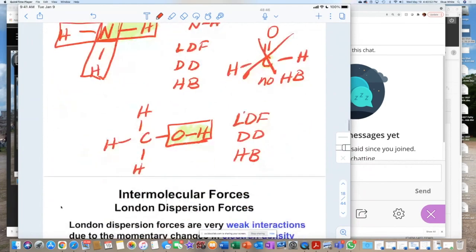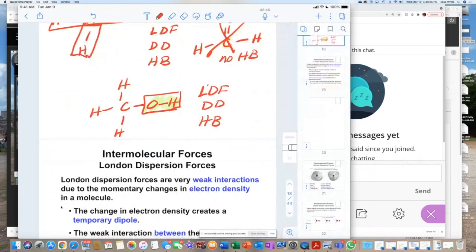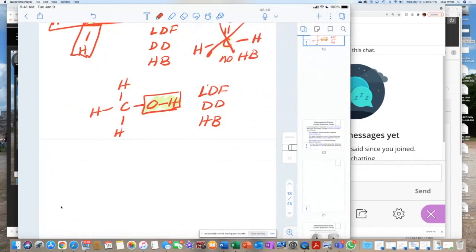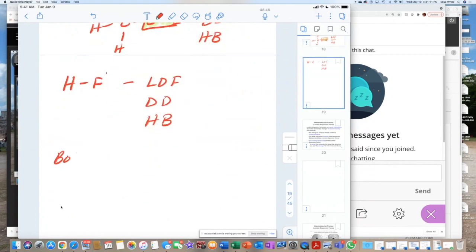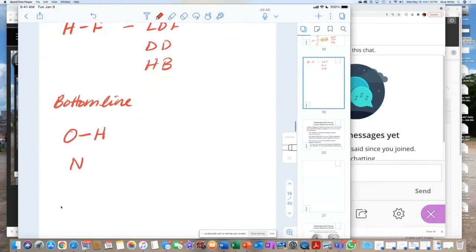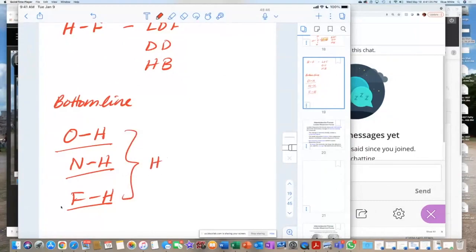Last bond. For hydrogen bonds to happen, you have to have H and F bonds. H, F. Okay, so if you have HF bonds, then you have London dispersion force, dipole-dipole, hydrogen bonding. So bottom line as a review, you need O directly attached to an H, N directly attached to an H, and then F directly attached to an H. These prerequisites have to be met to have hydrogen bonding.